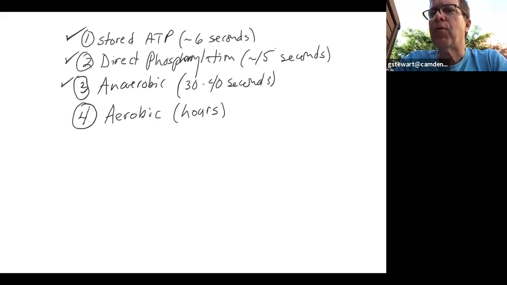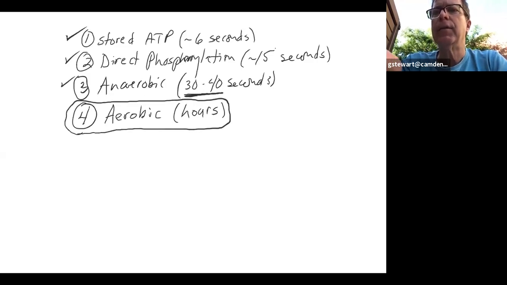For about 30 to 40 seconds, you can run or exercise full blast, and you don't really need to breathe in order to sustain those heavy muscular contractions. But then you have to start breathing heavily, because if you want to sustain your activity, you need oxygen.